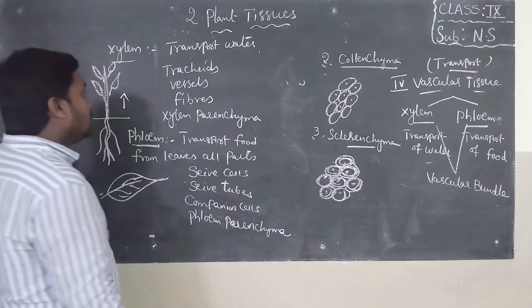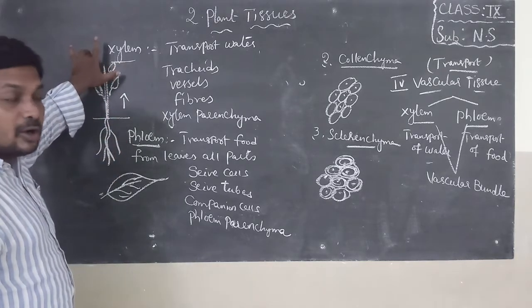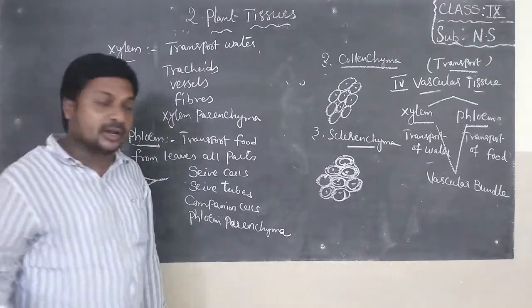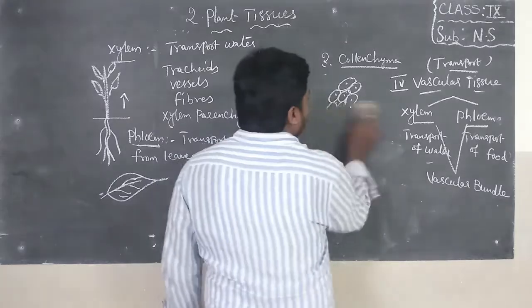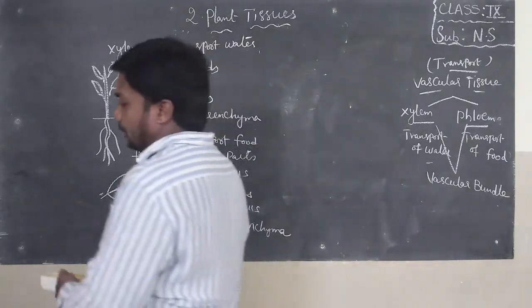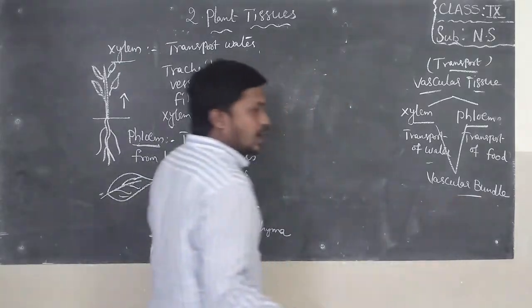So xylem, phloem. Xylem will give mechanical strength to the plants. Phloem will not give mechanical strength to the plant. So these are the differences between xylem and phloem. Both xylem and phloem united together is called vascular bundle.